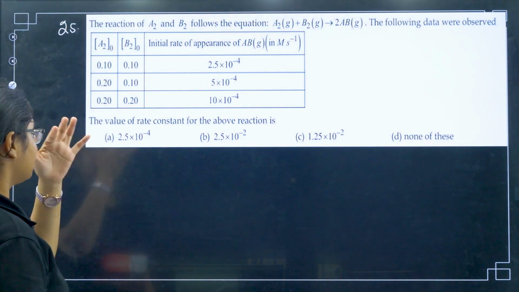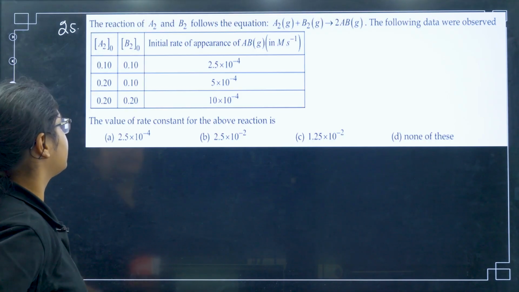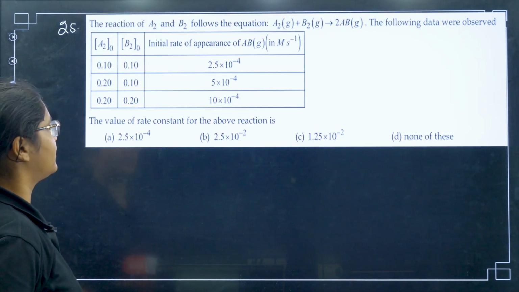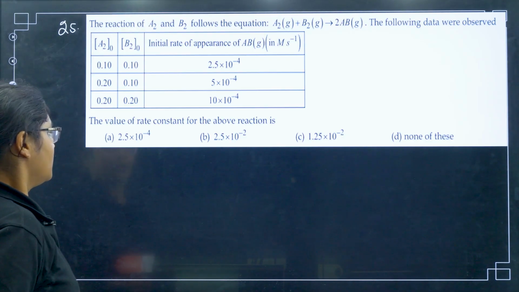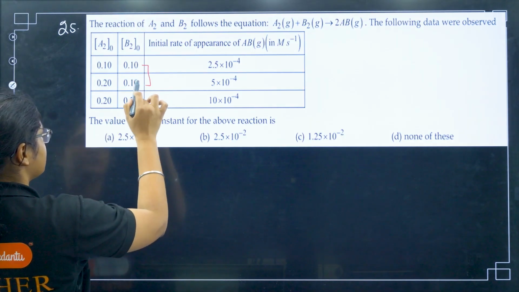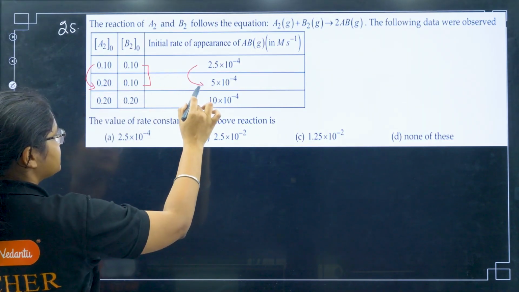Next we see here, okay, the rate of the reaction of A2 and B2 follows the given equation. The following data were observed. Okay, fine. Now if you see here, first of all, when B2 is constant, A2 concentration is doubled and here also it is doubled, right?